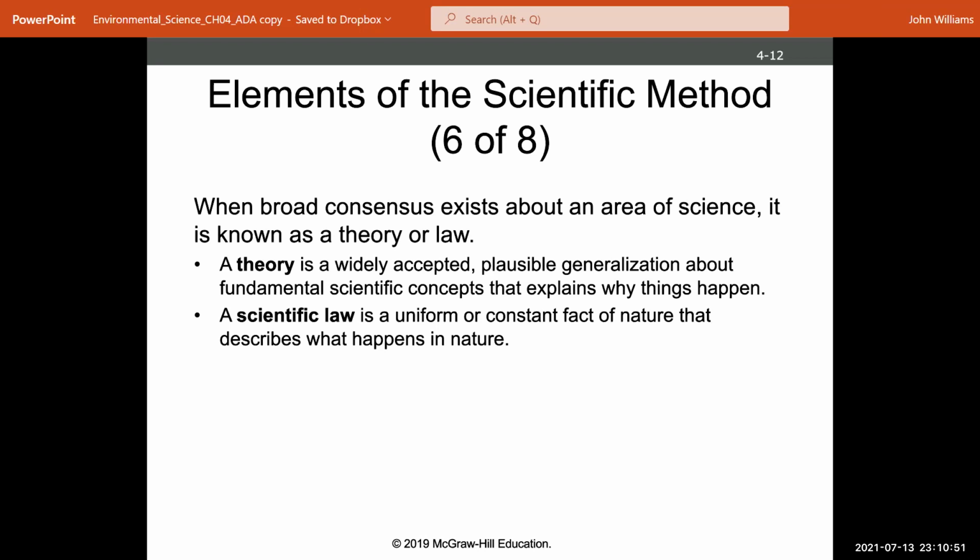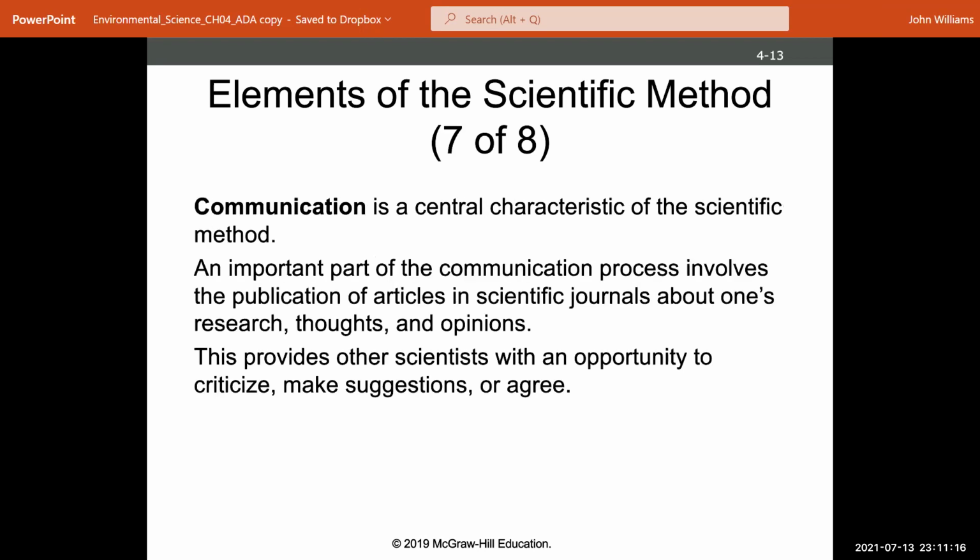And so, the next time you hear somebody say, oh, well, it's just a theory, you can say, well, that's the strongest ideas we have in science. So that's just a little pet peeve of mine, that people kind of throw that word around and don't really understand exactly what it means and what it stands for.